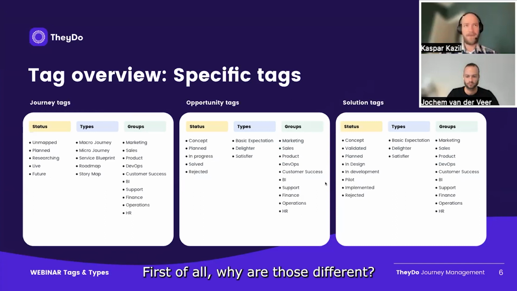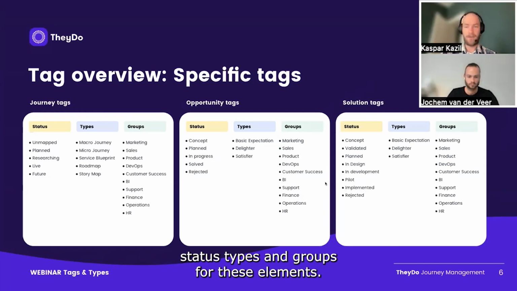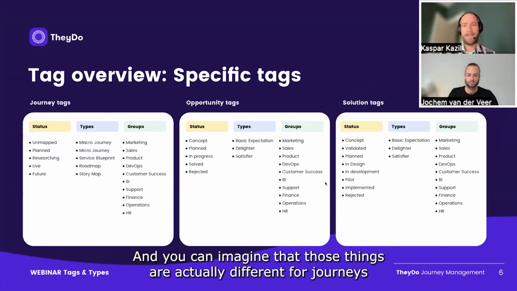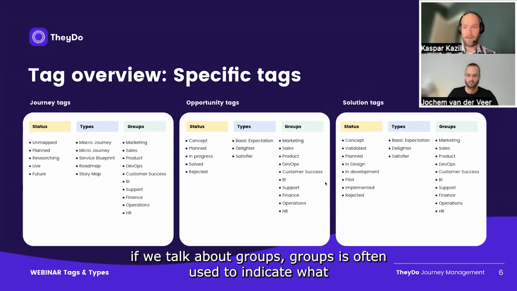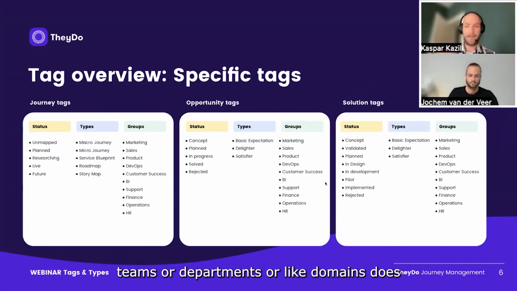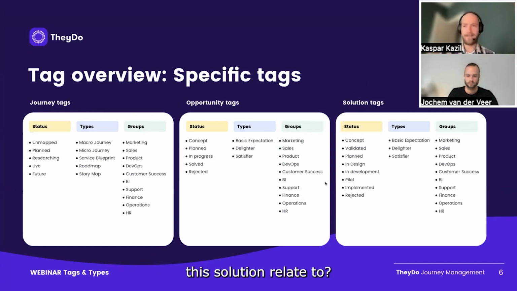So why are those different? We can use status, types, and groups for these elements, and you can imagine that those things are different for journeys, opportunities, or solutions. For example, groups are often used to indicate what teams, departments, or domains a solution relates to.